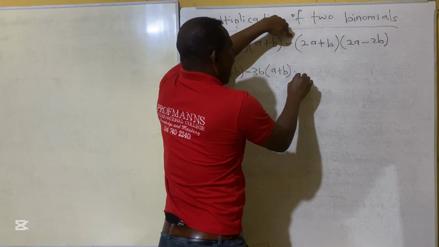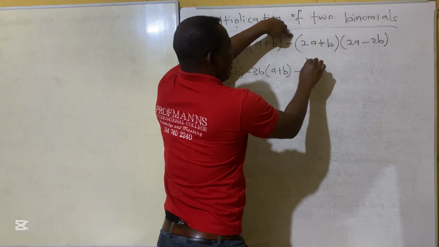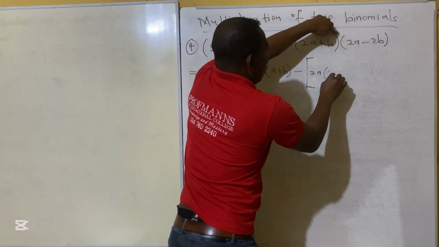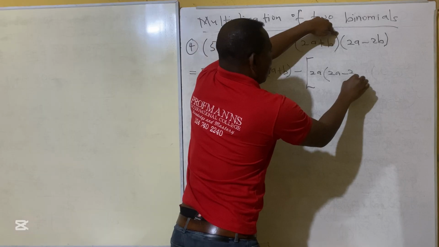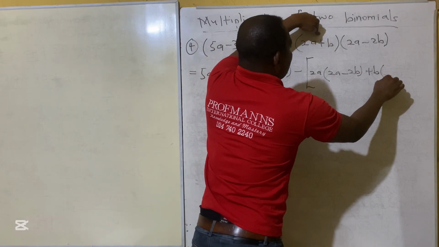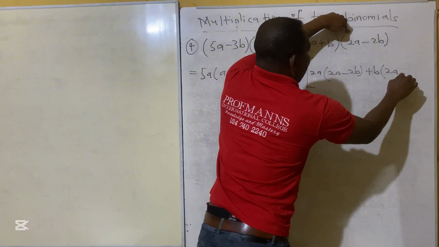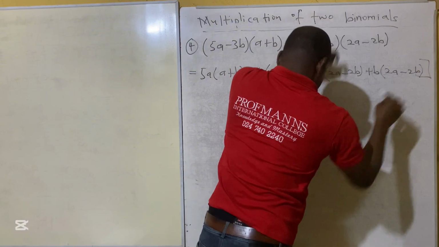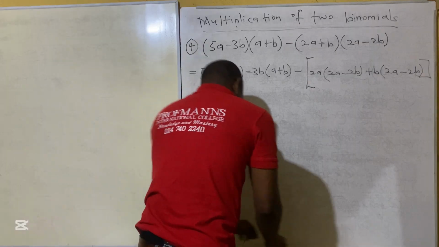And then here minus, so pay attention here, we bring bigger brackets, and then we pick the 2a into 2a minus 2b, and then we pick the plus b into 2a minus 2b. We close this, and then we close the bigger bracket.